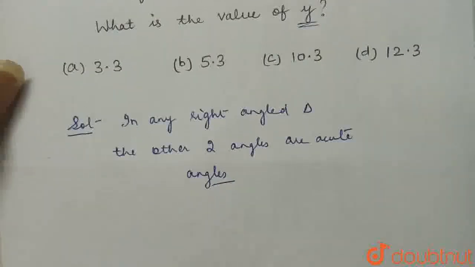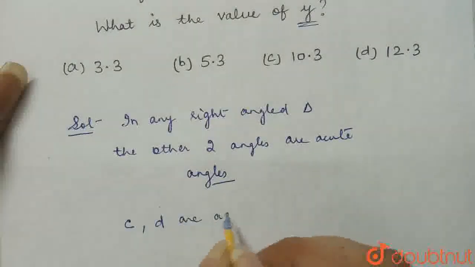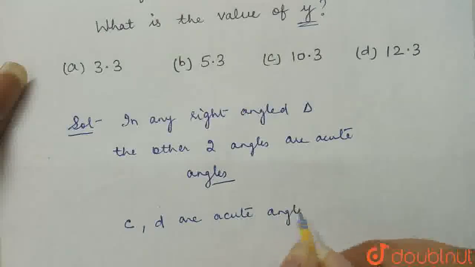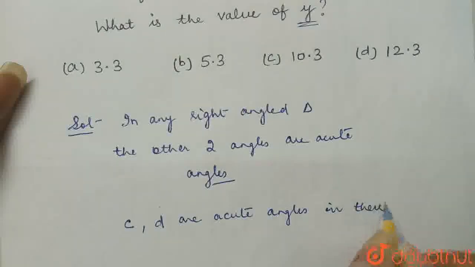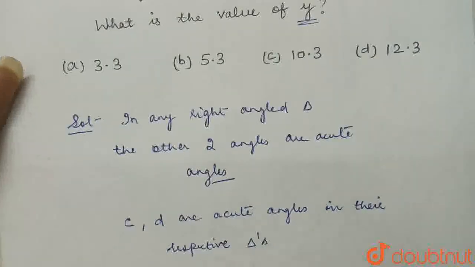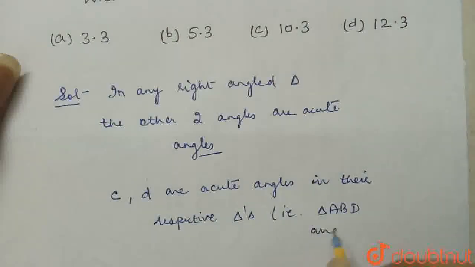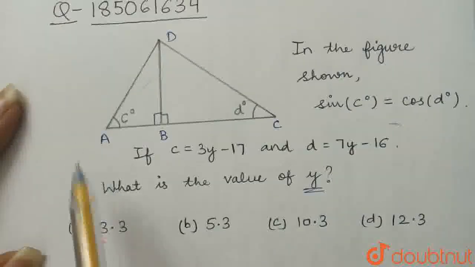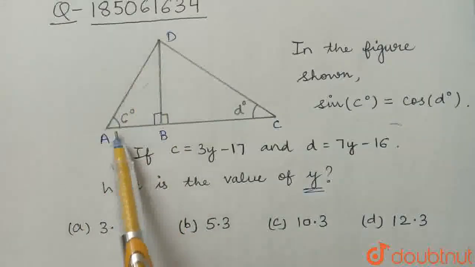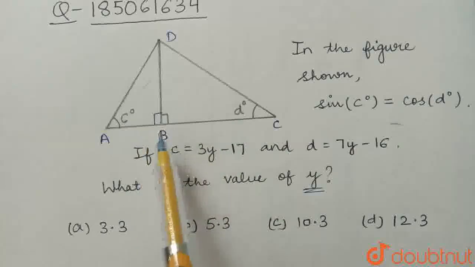So now angle C and angle D are acute angles in their respective triangles, that is triangle ABD and triangle BDC according to the figure which we have denoted, that is triangle ABD contains angle C and triangle BDC contains angle D. So these two angles are acute angles because both these triangles are right angled triangles.